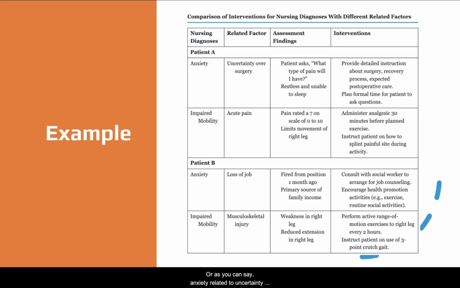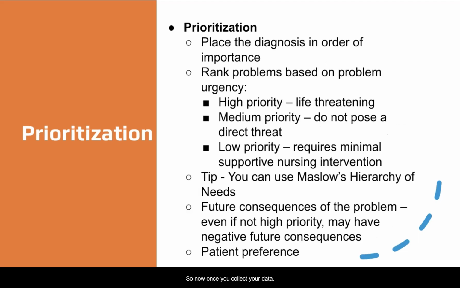Or as you can say, anxiety related to uncertainty over surgery, as evidenced by restless and unable to sleep, right? So this is how you formulate your nursing diagnostic statement in 3 parts. And the first 2 are the mandatory ones.